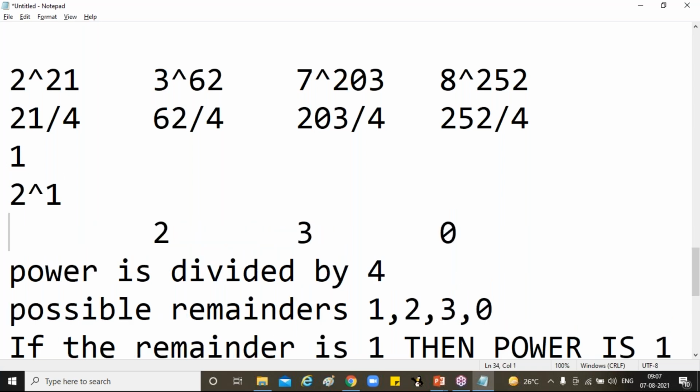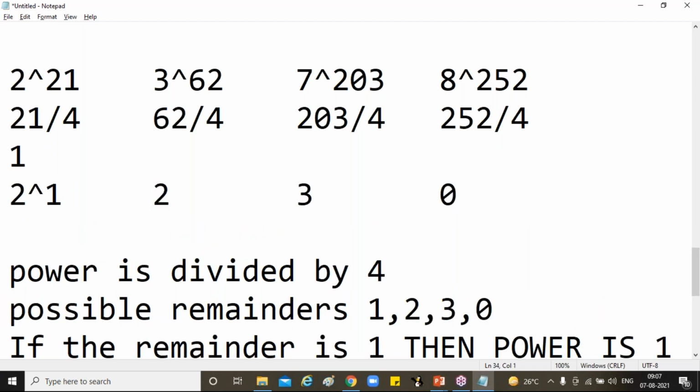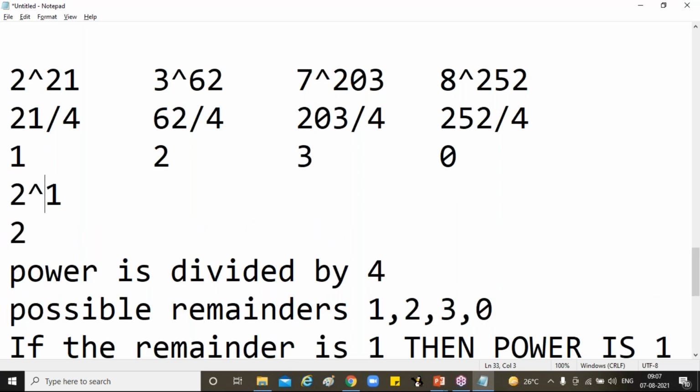What is the value of 2 power 1? 2. And if 2 is the remainder, the whole power 62 is replaced with the remainder 2. 3 power 2 is what? 9.